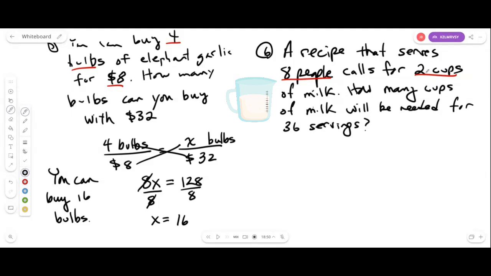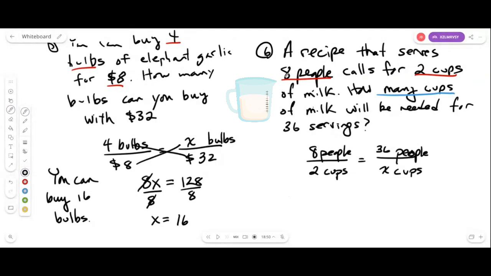There's our given ratio. 8 people, over 2 cups. That means that my second ratio for my proportion has to be people over cups. The question is asking how many cups, so that means my X goes down here with cups, would be needed for 36 people, 36 servings.